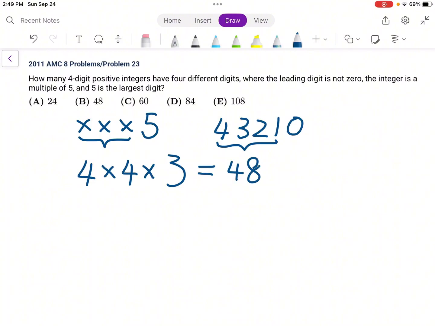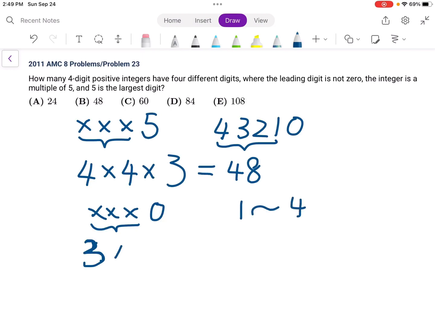And if the number ends with 0, then because the number has to have 5 in one of the digits, in the first three positions, 1 has to be 5. That's 3 choices. And then for the rest of the 2 positions, we can choose from numbers 1 through 4.